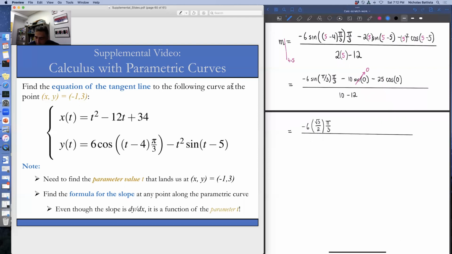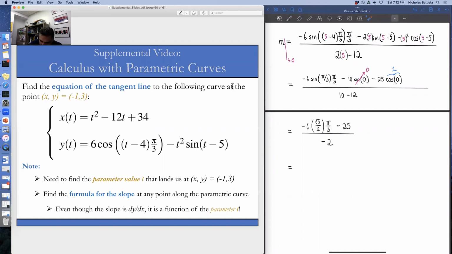If we're looking at the last term, minus 25 times the cosine of 0, that's not 0. Cosine of 0 is a 1. So we have a minus 25. Looks like I drew that line too long. All right, then in the denominator, we have 10 minus 12, which is minus 2. All right, let's see what we can reduce here.